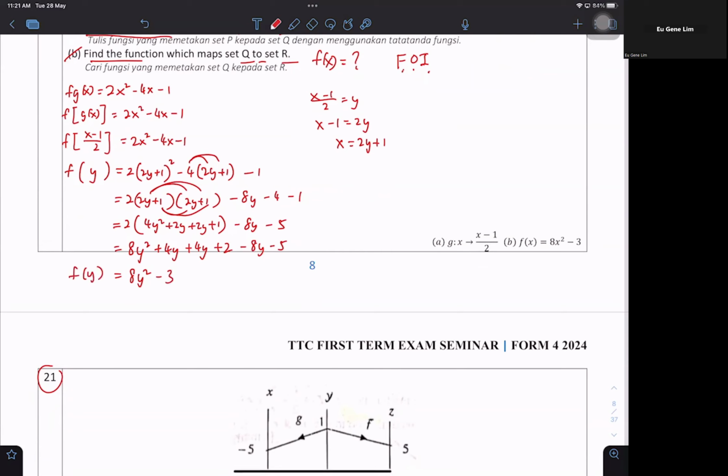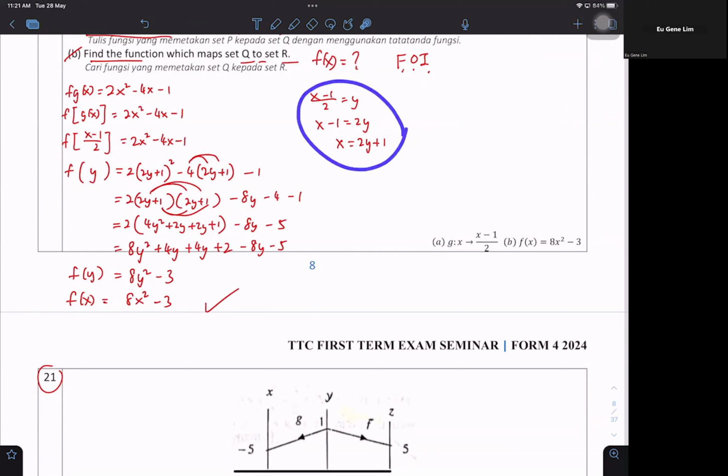So now last step, you change the y to x, just like how we do inverse. When we do inverse, the last step, we change the y into x. This one also. So this 4, this 5 outside, it looks like inverse, right?